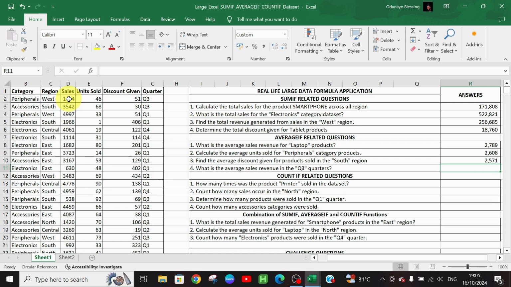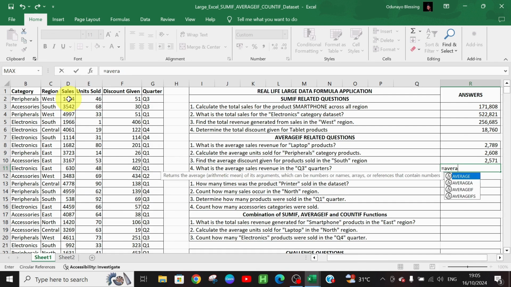So we have our answer there. Now, the average. The first question says, what is the average sales revenue in quarter 3? So the average sales revenue in quarter 3 is what we are looking for, meaning we are looking for the range to be in the quarter column, and that will give us this.